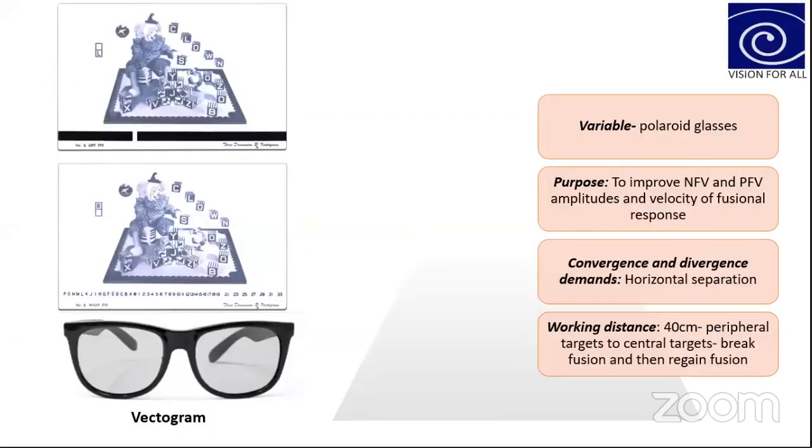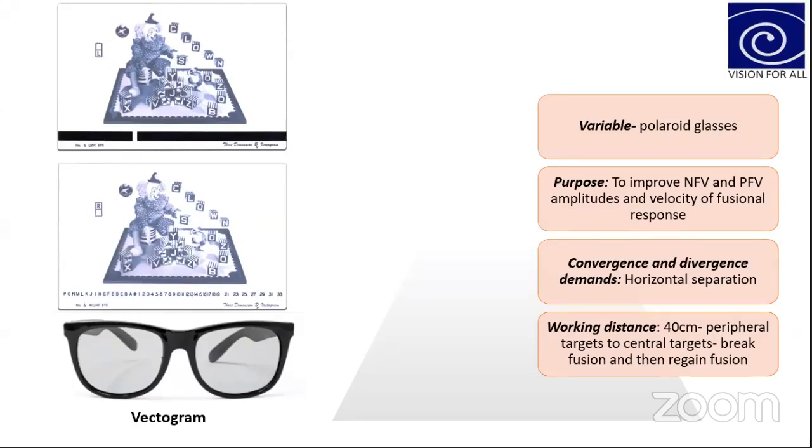If you see here, the vectograms and the anaglyphs are almost the same, so they work in the same manner. But the difference is that in the anaglyphs there is a red and green target. So what happens here is an inequality or retinal imbalance between both eyes, which makes it harder for the person to get the fusion and maintain the fusion.